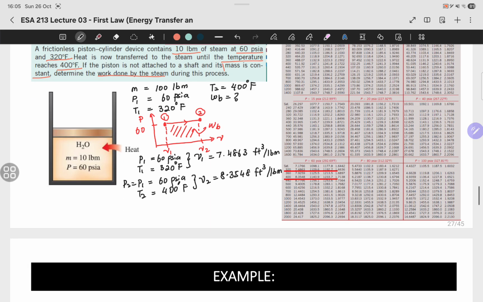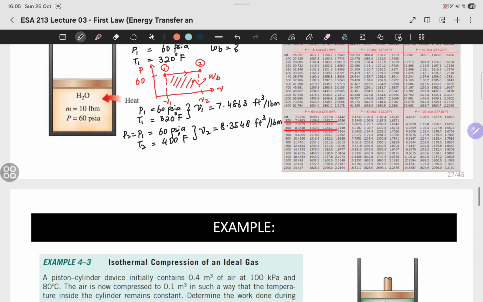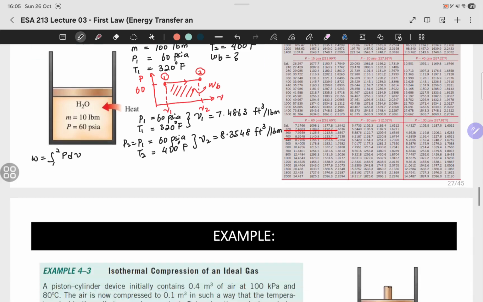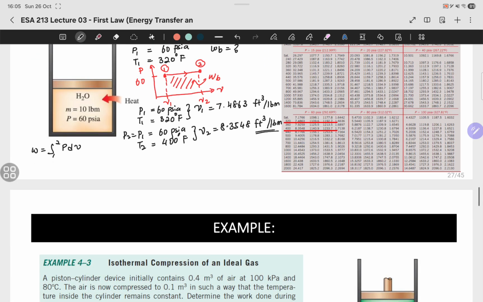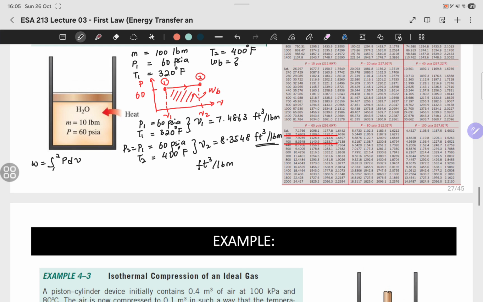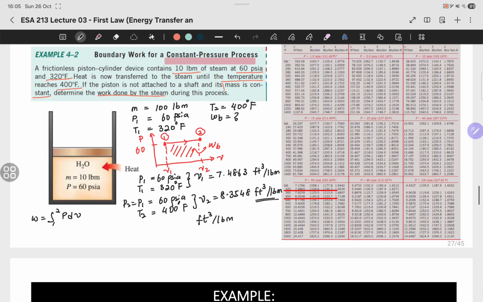What you have to do is just write it into our formula, like this. We are given m, right? Because this is feet cubed per lbm, if you want to find work, you need to cancel out the pound. To cancel out the pound, you need to multiply by mass.